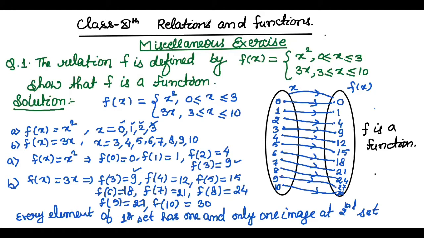G is there. The relation g is defined by g(x) equals x square when x is greater than or equal to 0 and less than or equal to 2, and g(x) equals 3x when x is greater than or equal to 2 and less than or equal to 10. We will solve that.